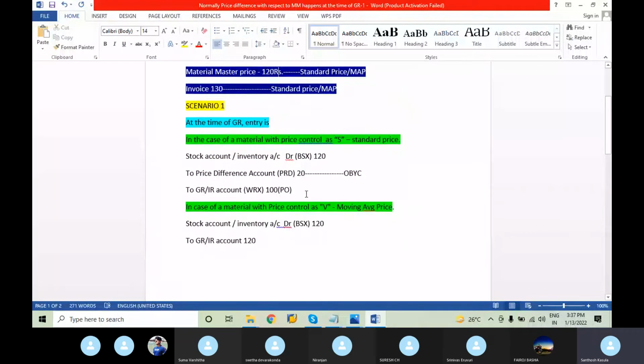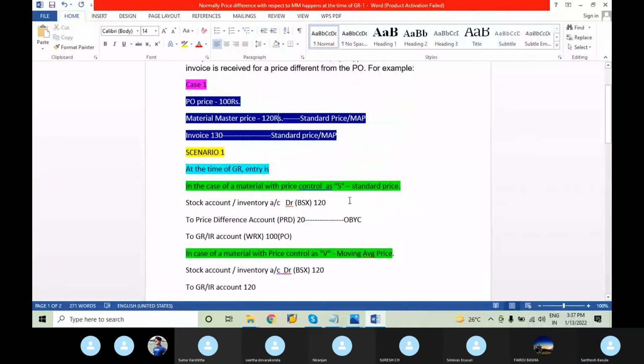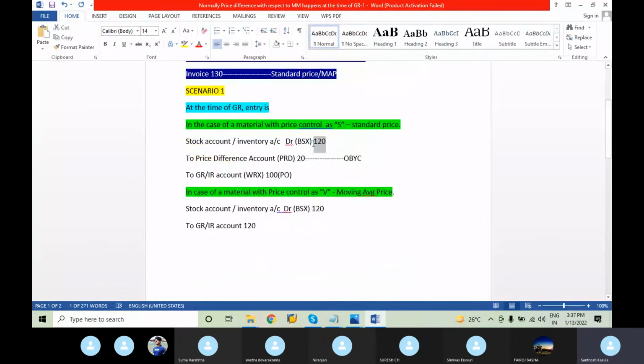In the GR, basically in the goods receipt entry, the inventory will be given the amount decided in the material master record, whether it is standard or moving average. But while coming to the GRIR, if it is a standard entry, we'll give the purchase order amount. If it is moving average price, we'll give only whatever we maintained in the material master record.